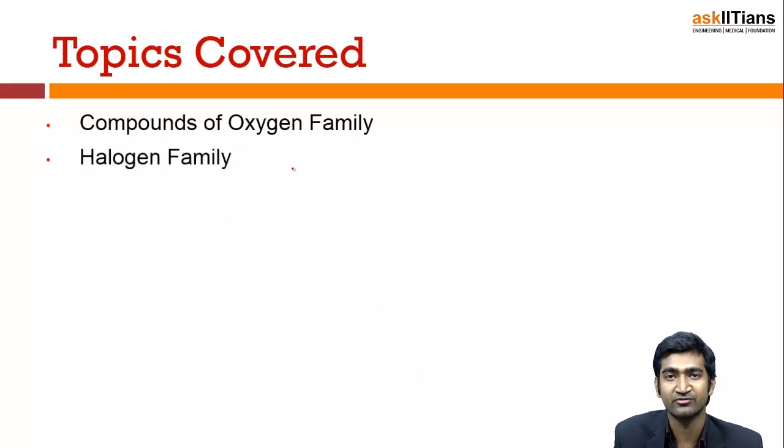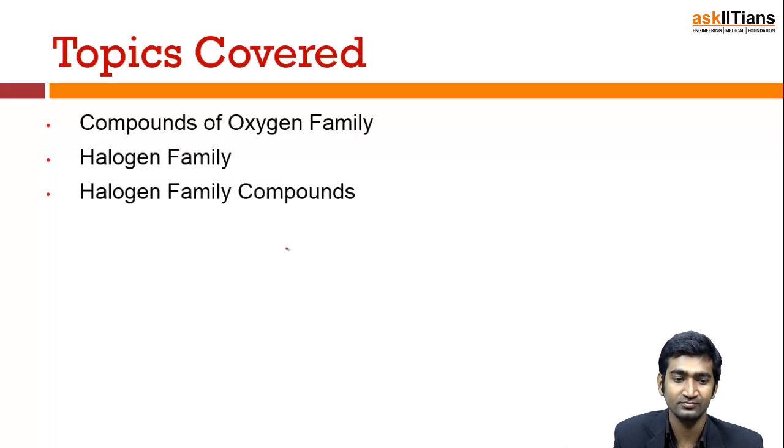Then comes the halogen family. All the halogen groups come under the P Block itself. Then we're going to learn halogen family compounds, in which we will learn about different compounds of chlorine, fluorine, iodine.